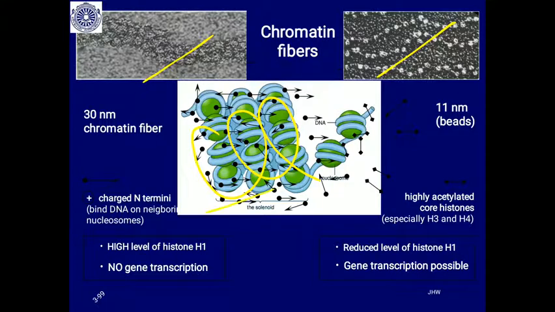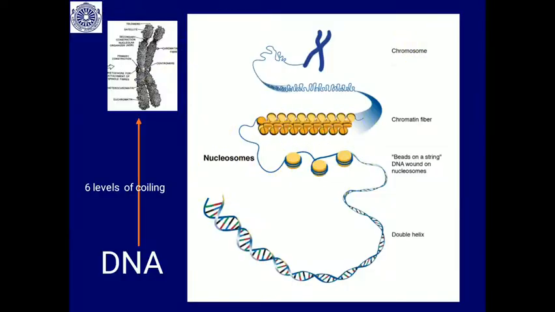So it is either in this form or in this. If it is in this, you will find transcription activity. Here you can see high levels of H1, so no gene transcription. These are the 2 forms, the 2 levels of coiling, you will find in the chromatin fibers during interphase.